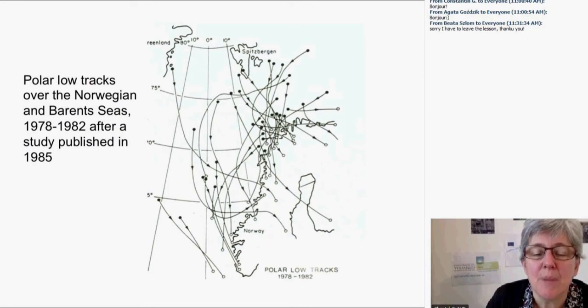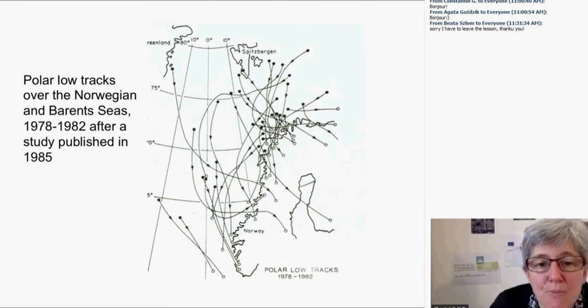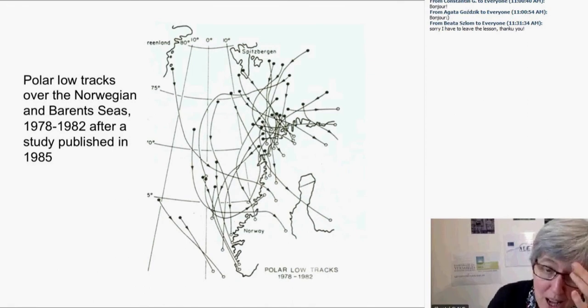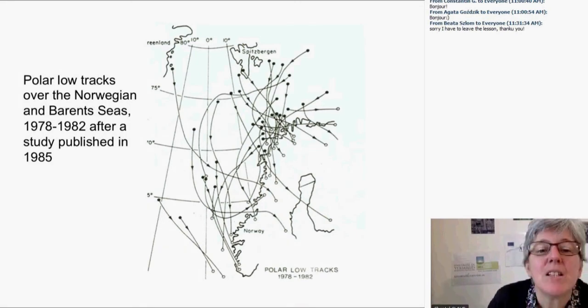Okay, now about the directions they take. This is an old study which was published in the 80s, in 85, by a Norwegian forecaster from Tromsø. She was plotting the tracks based on what she could observe. At the beginning of the period, she had no satellite images, so she was probably only considering the polar lows which had been reported by meteorological stations in Norway.